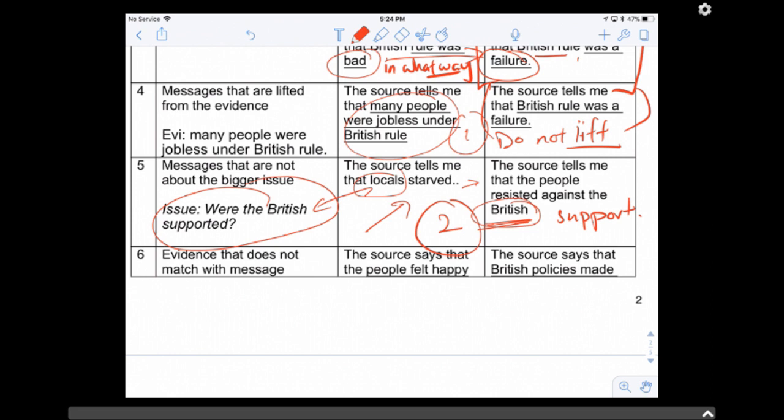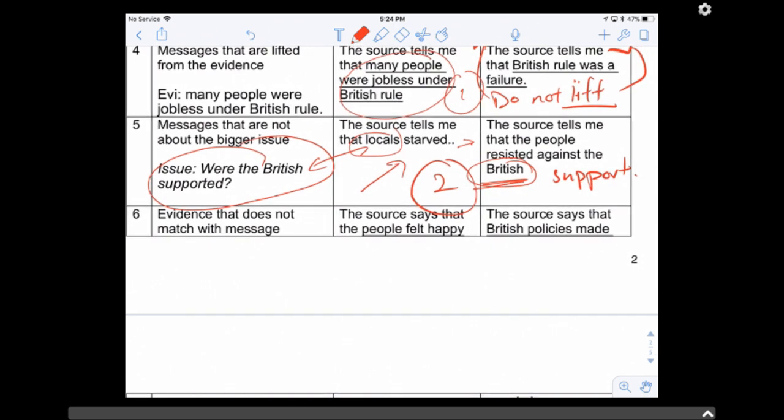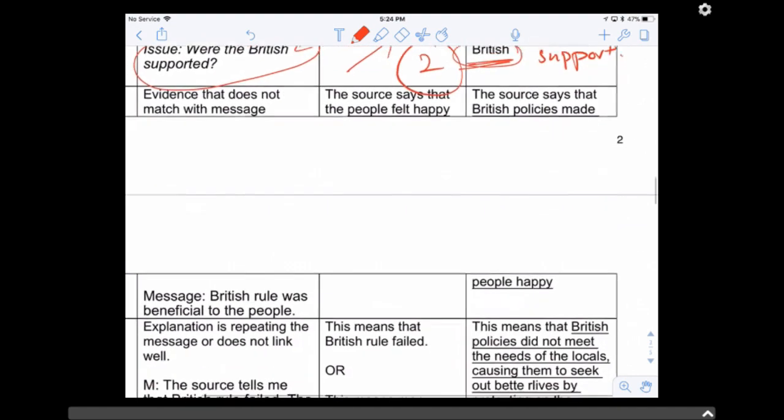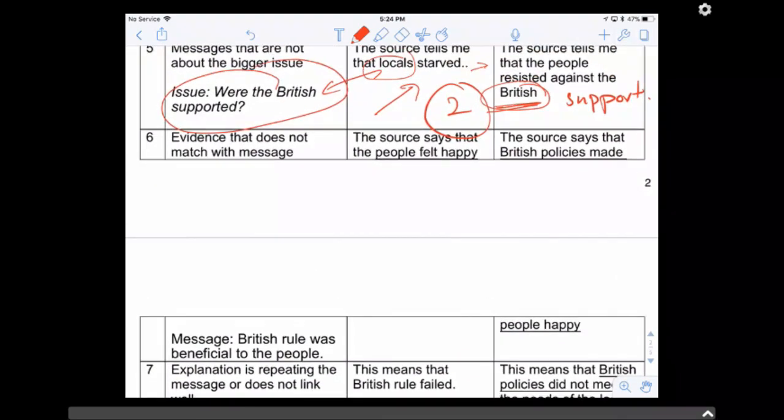And number 6, evidence must match. If your inference is that British rule was beneficial to the people, but in your evidence you say the source says that people are happy.